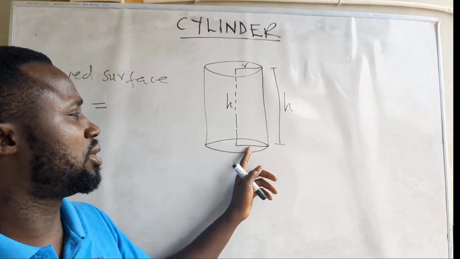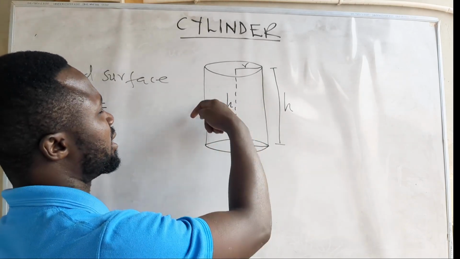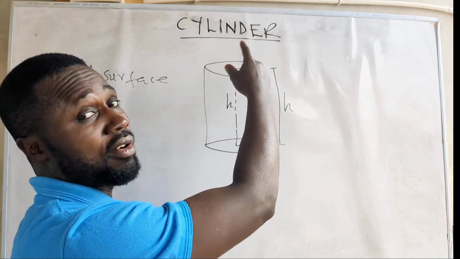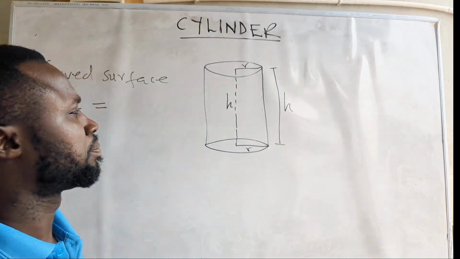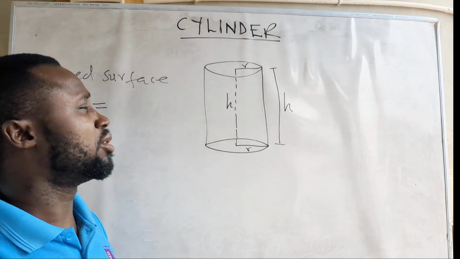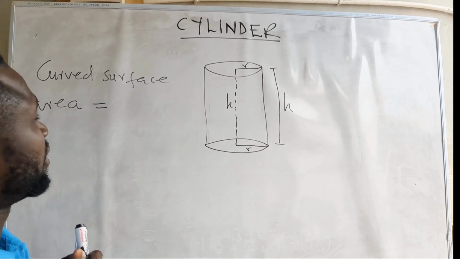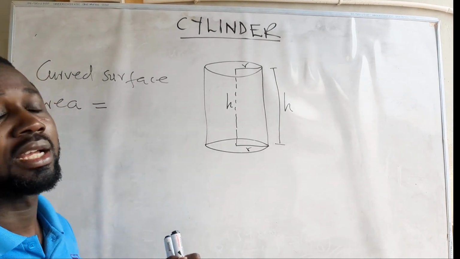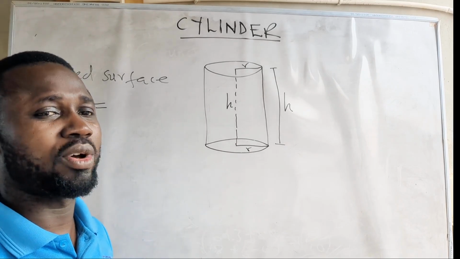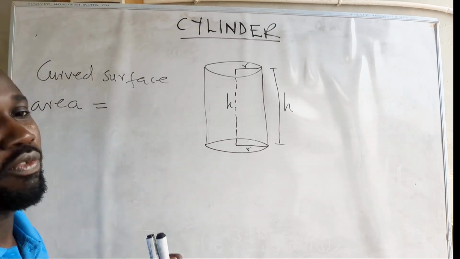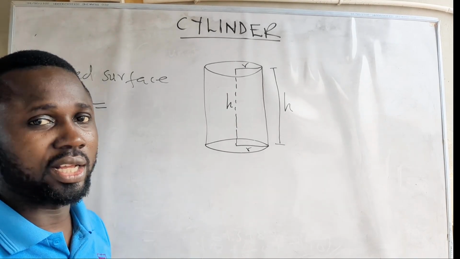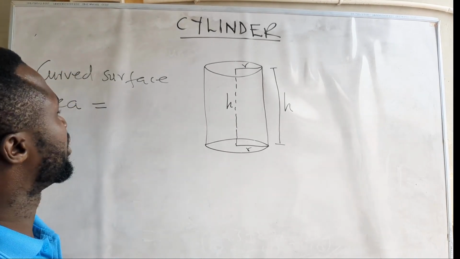We exclude these, and just look at the area around the cylinder. What we should take note of is that this is very simple, and there is no need to memorize a lot of formulas on a cylinder. What is very important is to understand the concept of what a cylinder is, and then it will be very simple for you to solve questions on a cylinder.